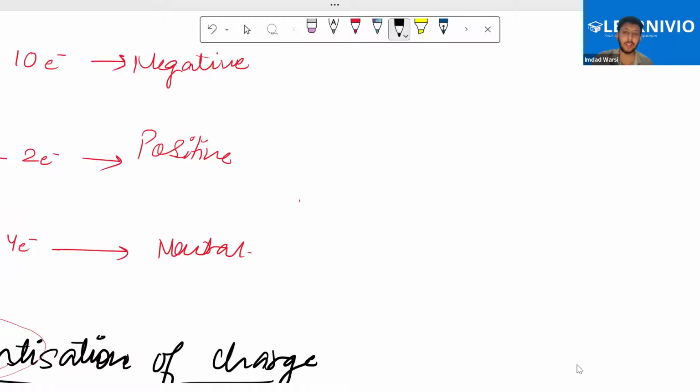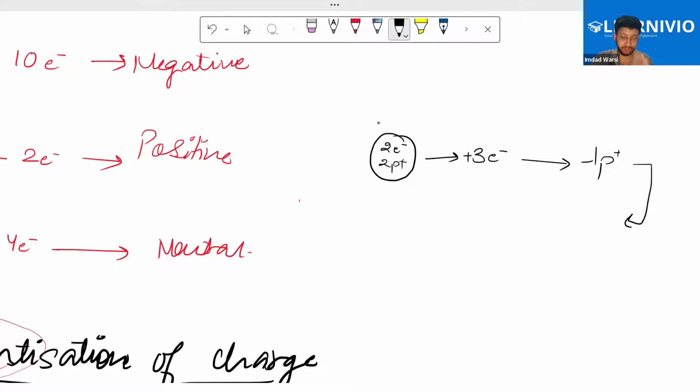If I give you a hypothetical condition that I have a body which has 2 electron and 2 proton. I give this body 3 electron, then I removed 1 proton, and then, okay, let's not talk about proton, let's talk about electron only.